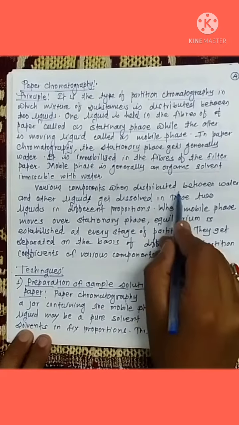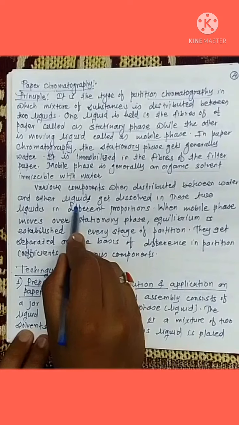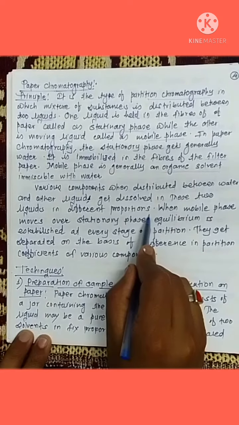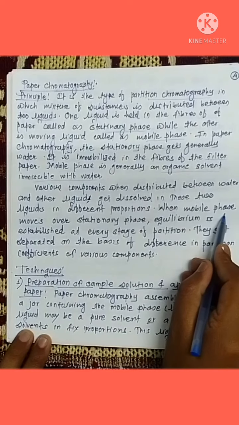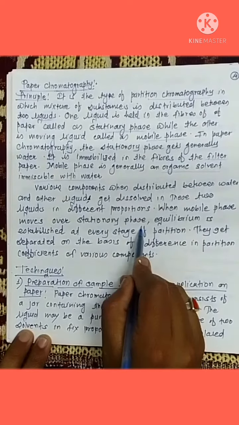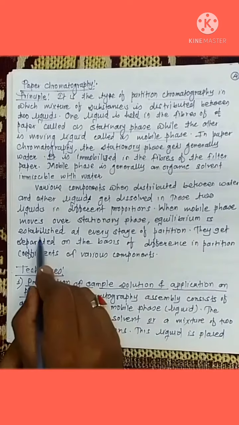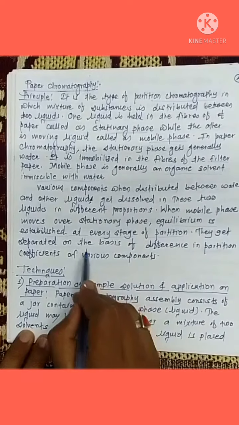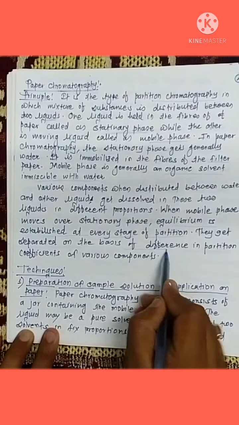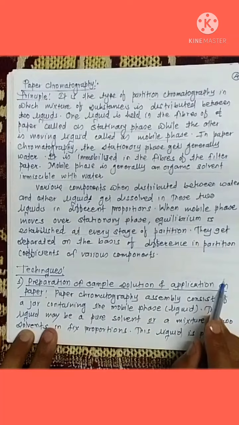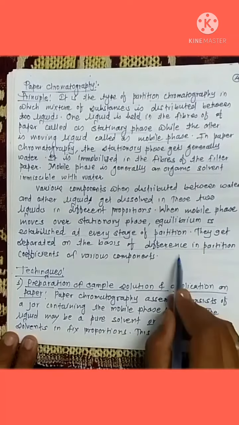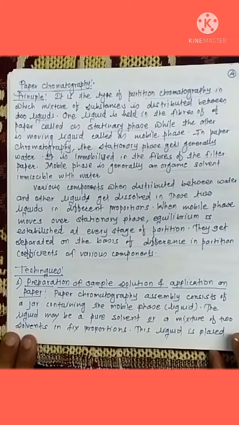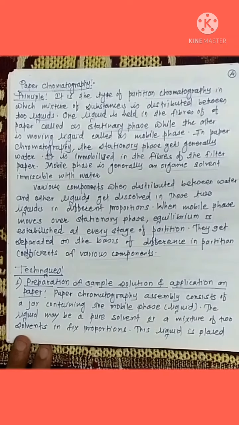Various components, when distributed between water and the other liquid, get dissolved in these two liquids in different proportions. When the mobile phase moves over the stationary phase, equilibrium is established at every stage of partition. They get separated on the basis of difference in partition coefficient of various components. Now we are going to see how the technique works.